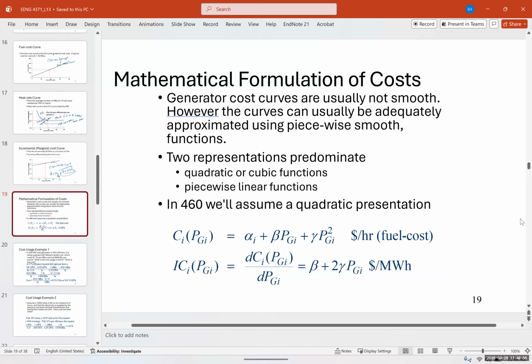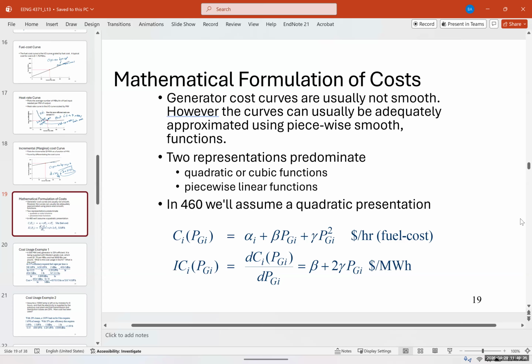However, for mathematical analysis, we approximate these curves using smooth functions. Two types of approximations are commonly used. First is the quadratic or cubic polynomial functions that I already mentioned. Second is the linear functions, where the curve is approximated by a series of straight line segments.